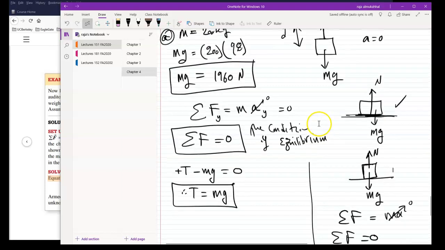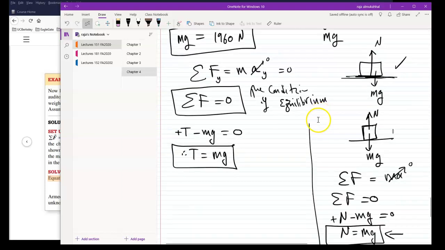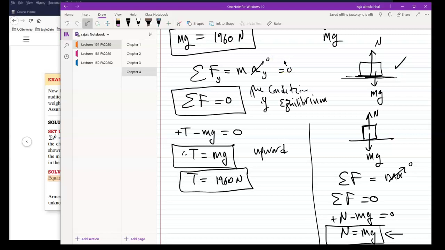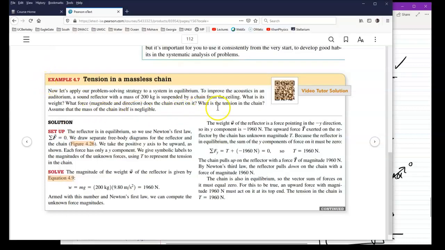And what is it equal to in magnitude? The direction is upward. And what is the value of that tension? Well, the tension is equal to the weight, and the weight is equal to 1960 right there. So the tension is 1960. You said magnitude and direction. There it is. Got it?